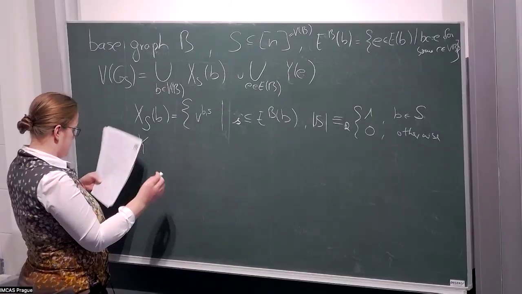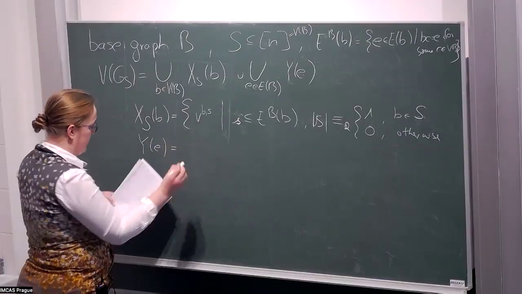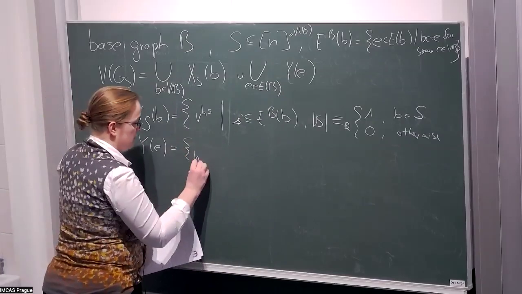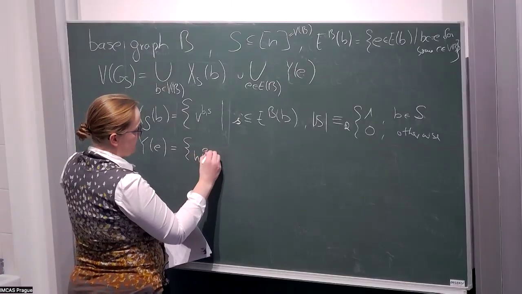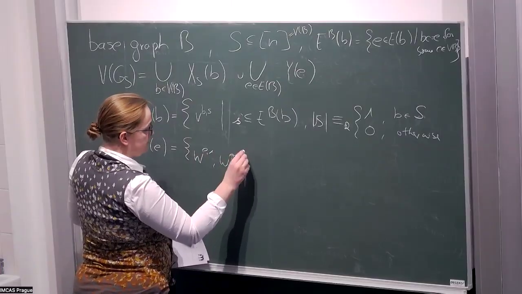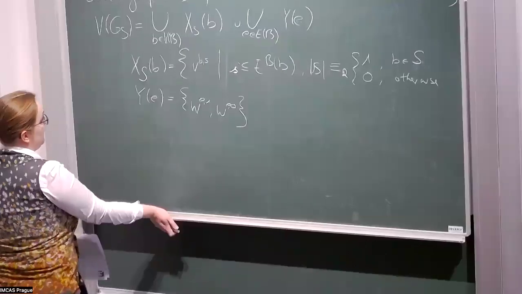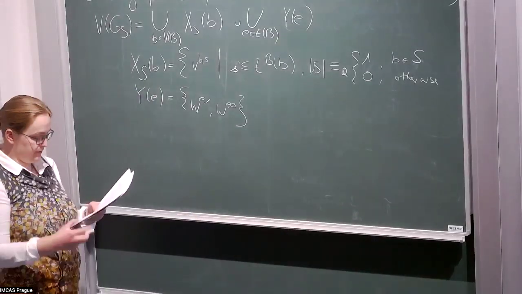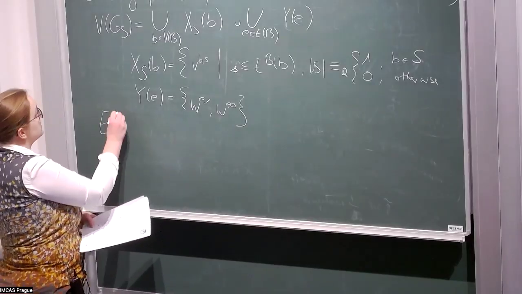And this is, for each edge of the base graph, we have two vertices, which we call WE1 and W0. Okay, so this is all the vertex set of the constructed graph, and now we need some edge set.